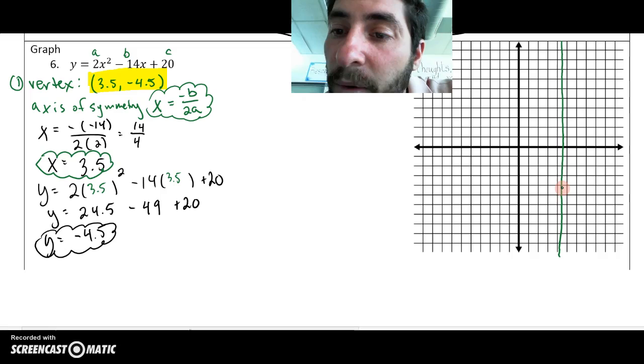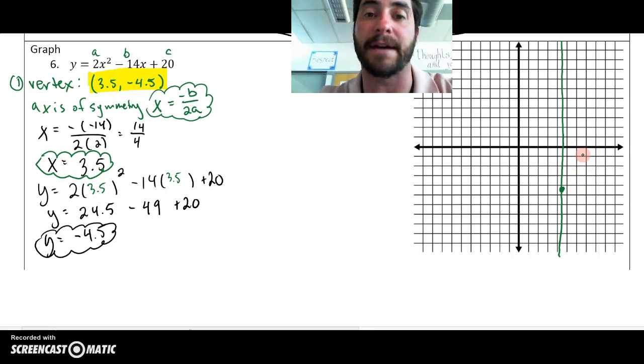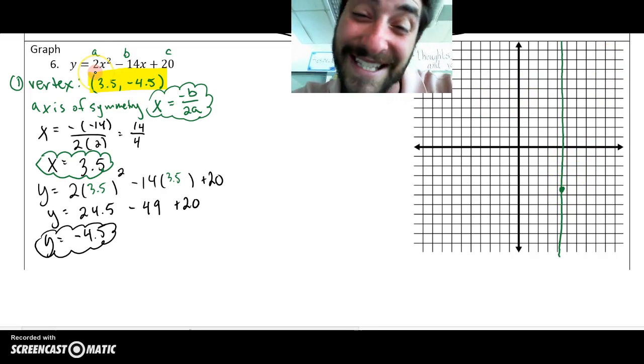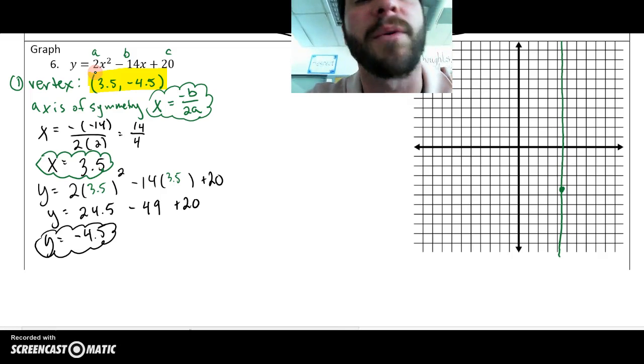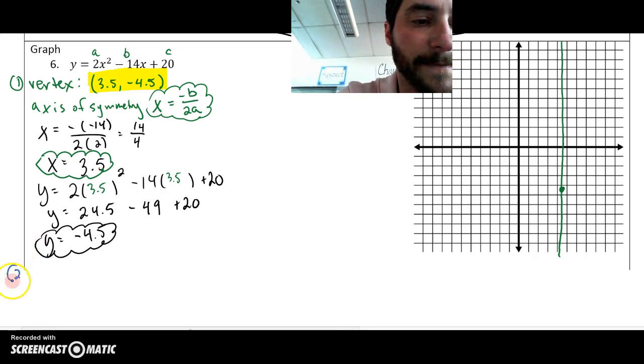There we go. Vertex. Nailed it. That's going to be the minimum point. Our A value is positive, so it's going to open up. Let's find the y-intercept. I like finding the y-intercept. It's nice and easy.